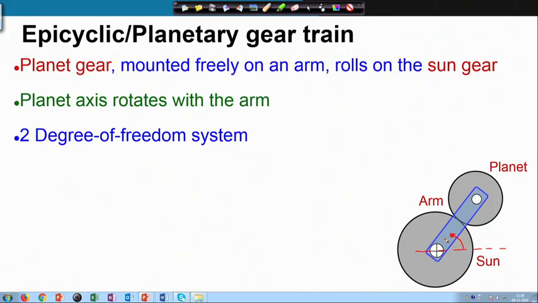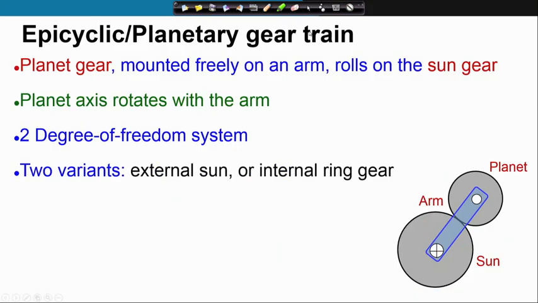Suppose I fix this, then still the sun and the planet can rotate with respect to one another. Therefore, if I fix the sun at a particular angle, then the planet also gets fixed. Therefore, I can fix the arm and the angle of the sun to fix the whole system. So, this has 2 degrees of freedom, since we require 2 variables to fix the configuration.